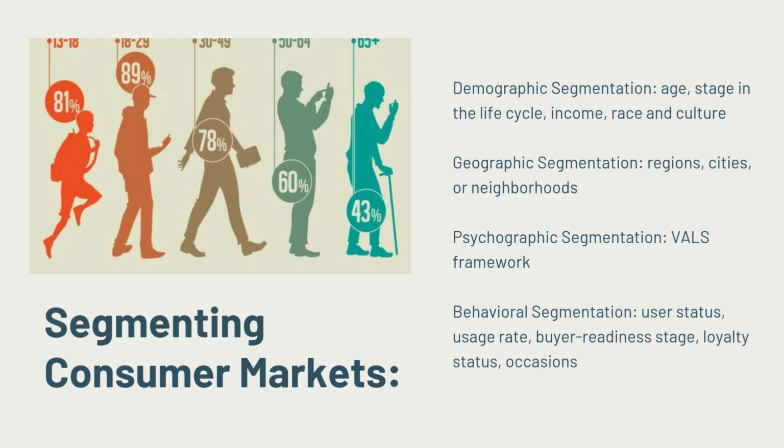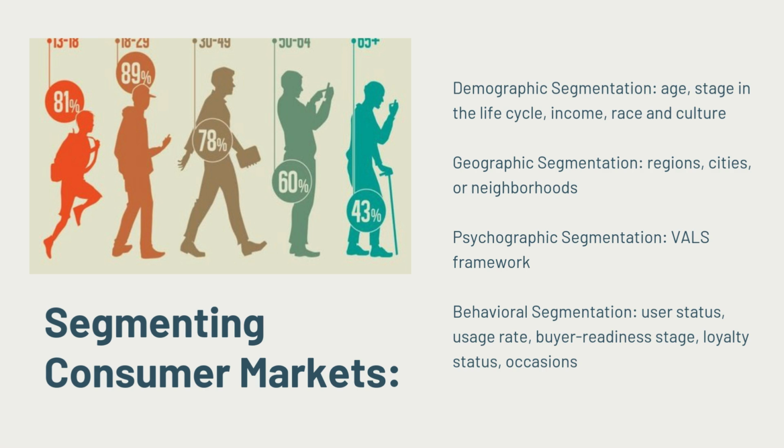Income segmentation can also help divide consumers based on their earnings, and it is often used in markets like clothing, cars, and financial services. And yet another factor could be race and culture. And these are relevant for multicultural marketing because different ethnic groups often have unique preferences that may also require targeted approaches by the company.